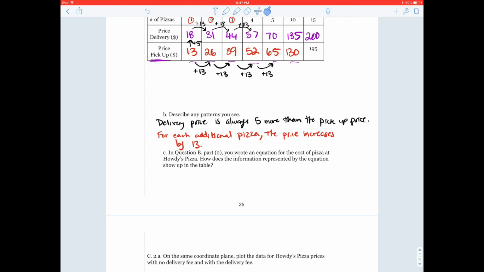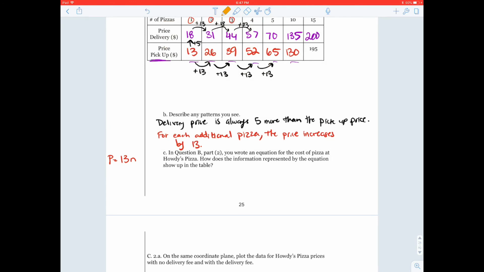It says in question B, part 2, you wrote an equation for the cost of pizza at Howdy's Pizza. Let's go ahead and write the equation on the left side in the column here. We wrote the equation P is equal to 13 times N. Okay, and the question is asking us, how does the information represented by the equation show up in the table?